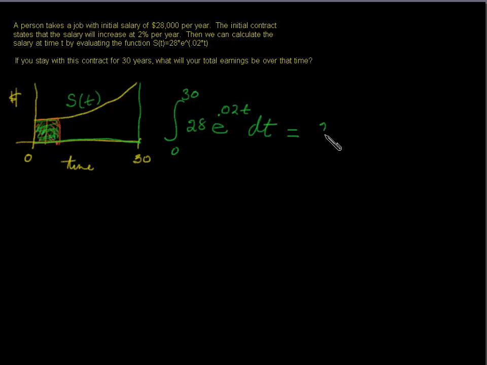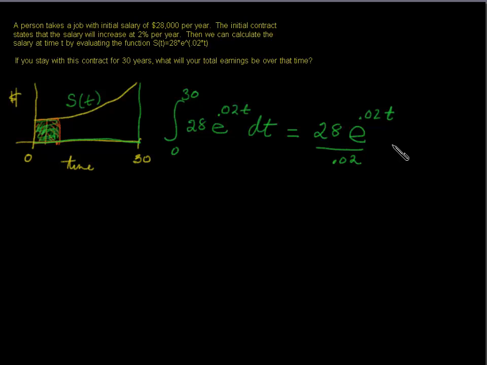So I can take an antiderivative: the 28 stays, and the e to the 0.02t would be e to the 0.02t, and then divided by 0.02.